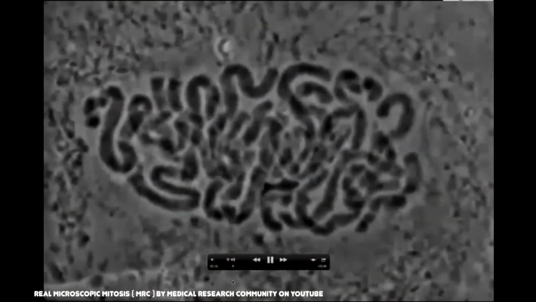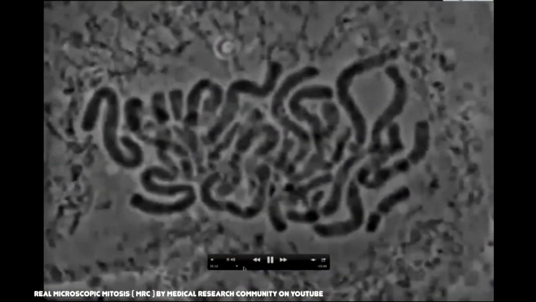They are arranging themselves. There are fibers, which you can't see here, which are locating a midpoint on each chromosome and pulling them so that they line up in the center of the cell.